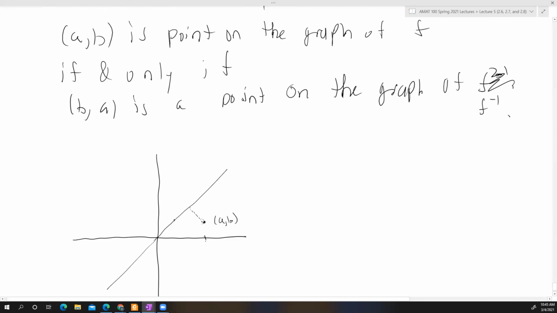Then you go over a units and go up b units. The opposite point is that you go up a units and then over b units, something like that. It's not a perfect drawing. You get somewhere like right here.